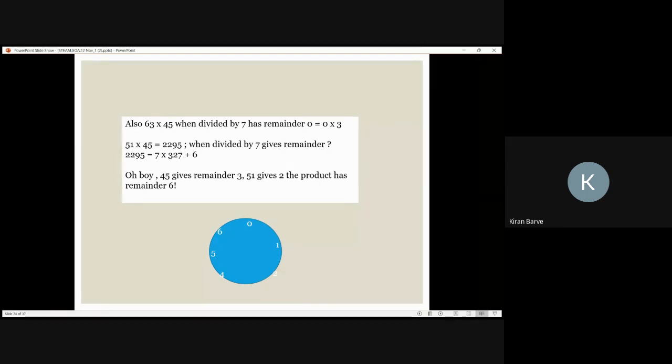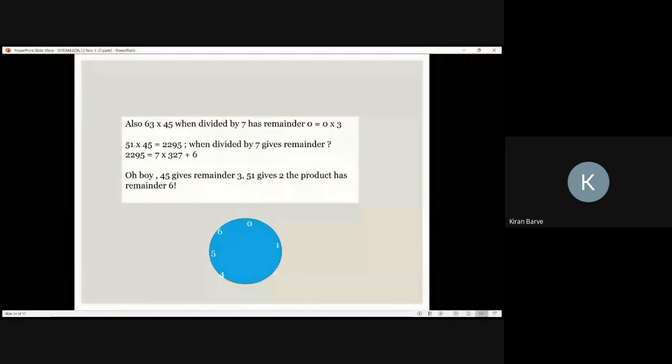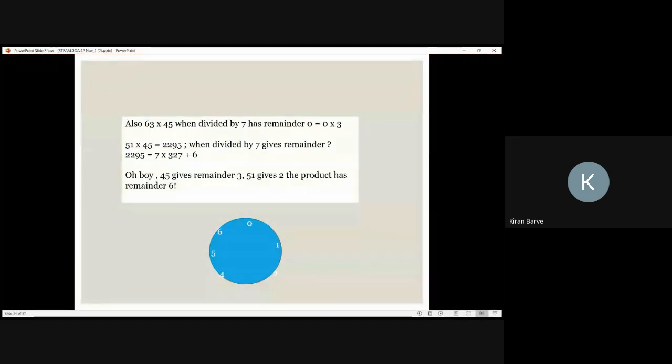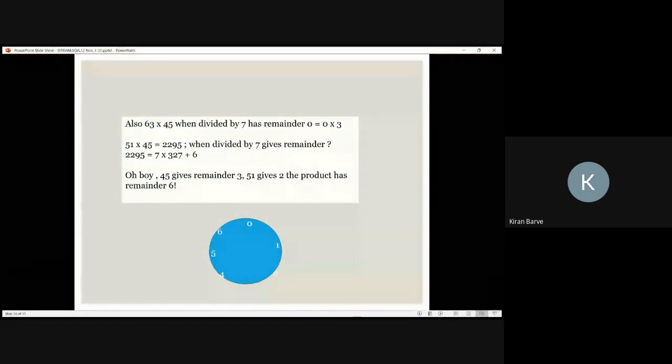So I divide one number by 7 and take the remainder, then the next number by 7 and take the remainder. Instead of multiplying those numbers and dividing by 7 to get the remainder, I make the division small. No need of multiplying big numbers. So I will get the remainder as the product of the remainders.